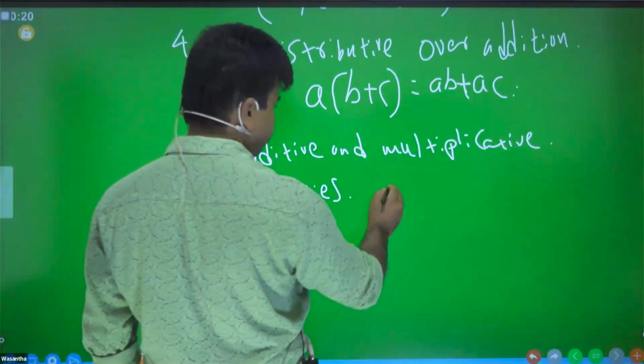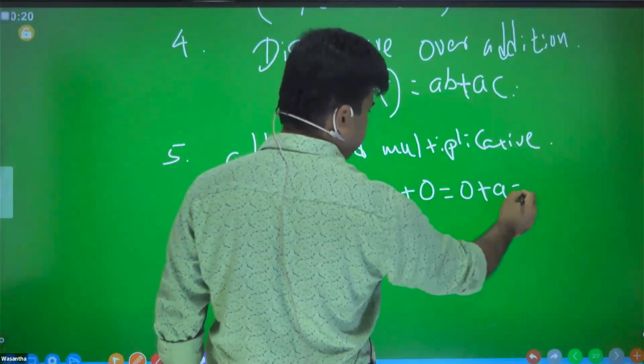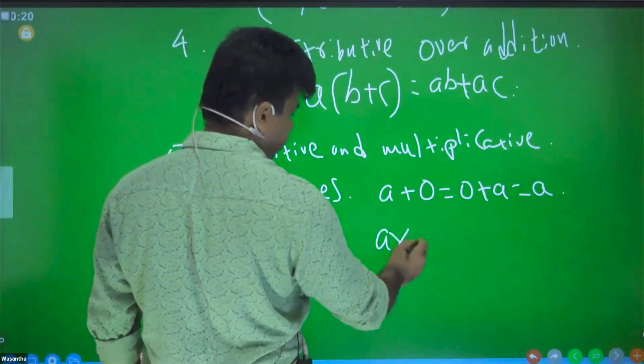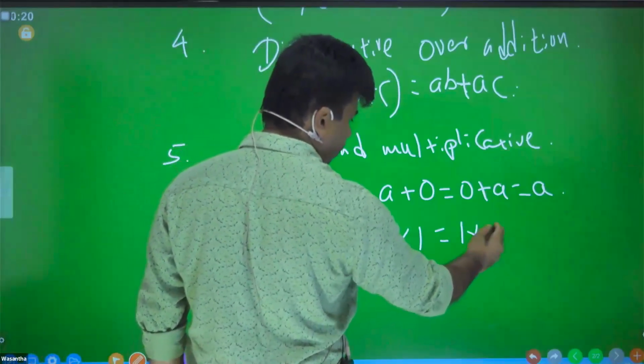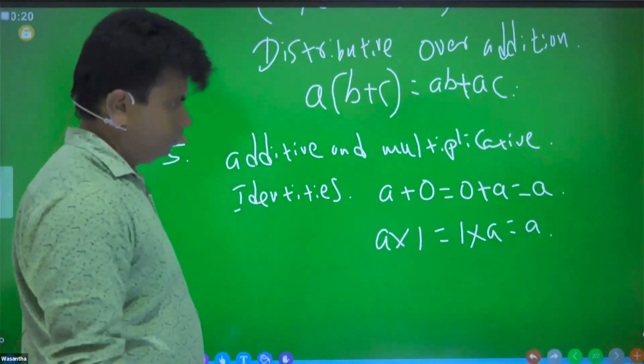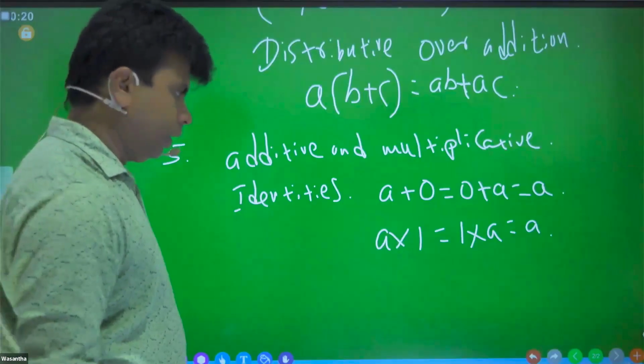That means you can write here A plus 0, otherwise 0 plus A is equal to A, right? A into 1 equals 1 into A equals A, right?